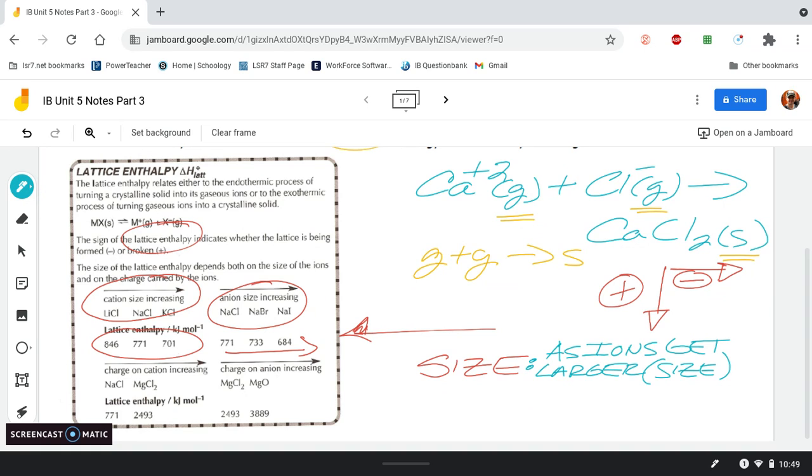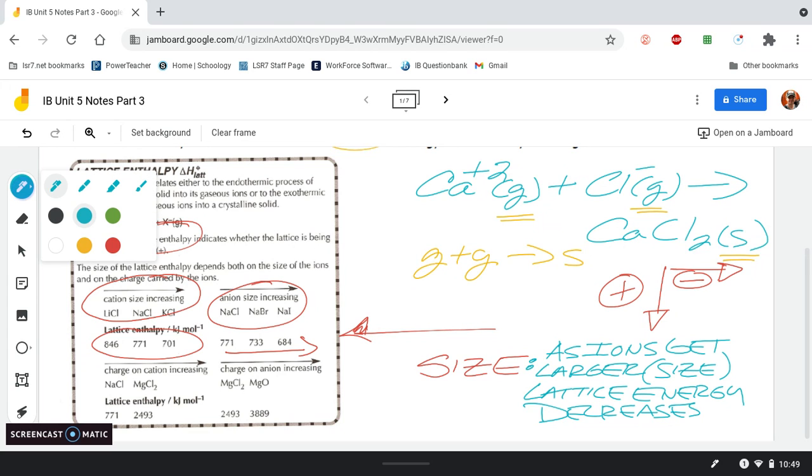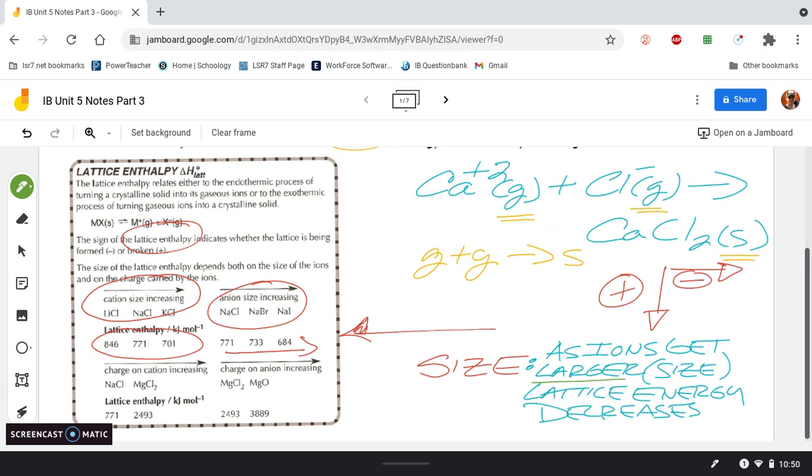So they go in opposite directions. As ions get larger, then their lattice energy gets smaller. So this is an opposite or an inverse relationship.